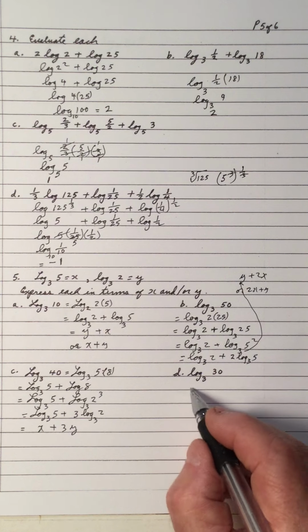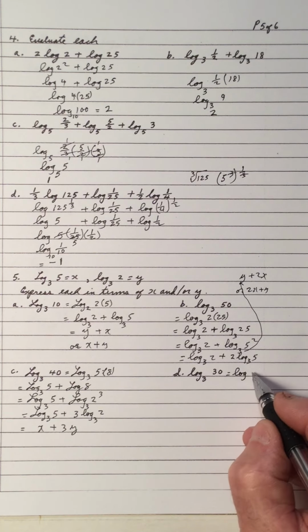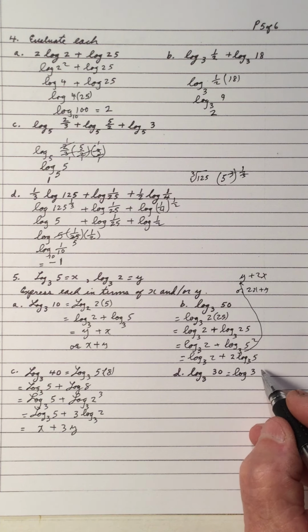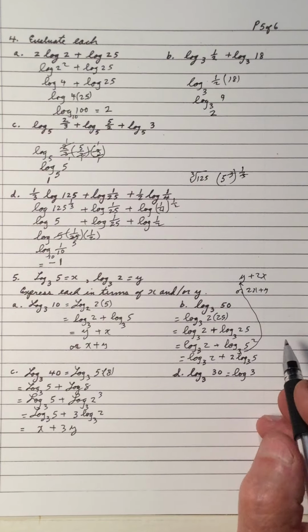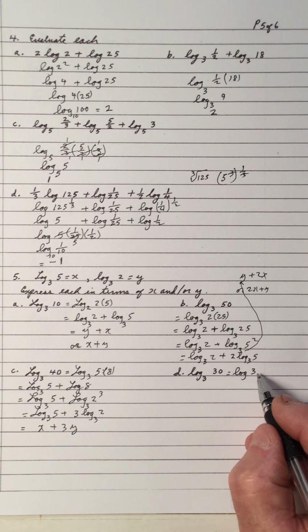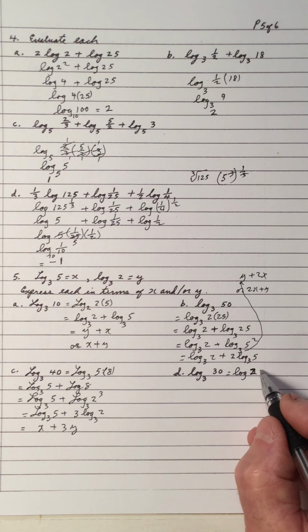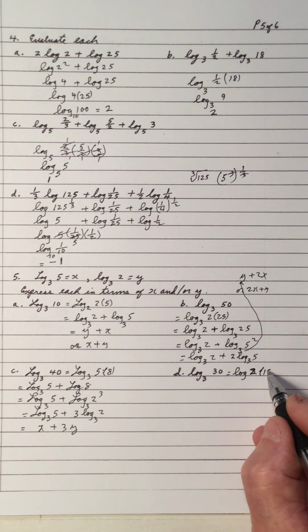And we have a 30, and a 30 is the log of 3 times 10. We got a 2. We got 2 times 15.